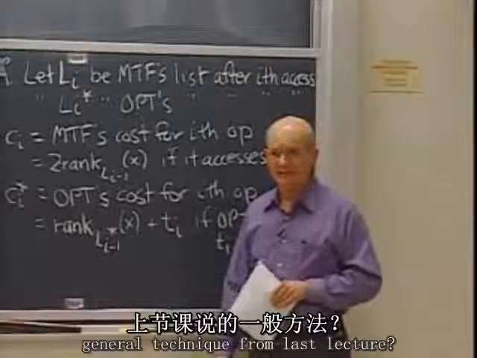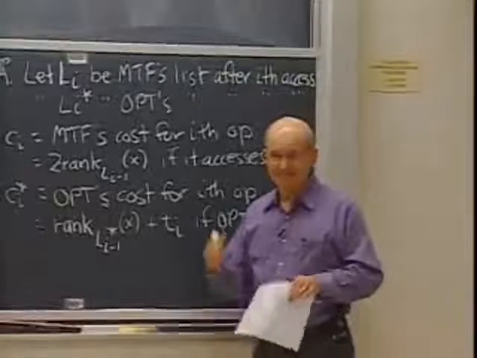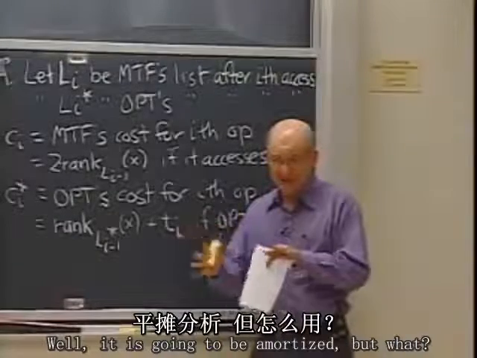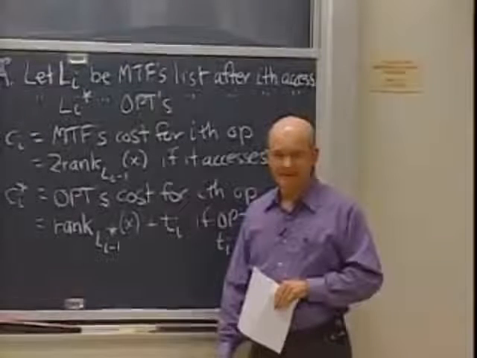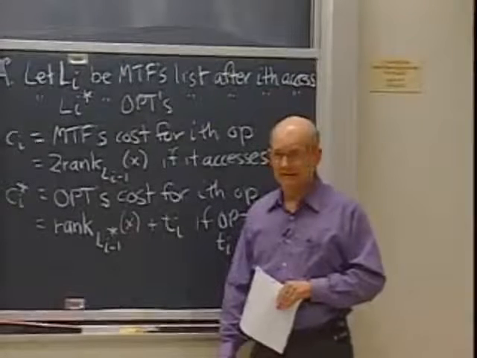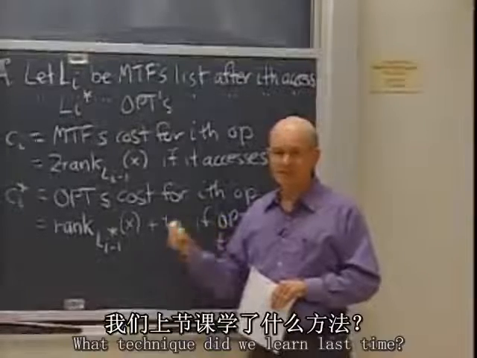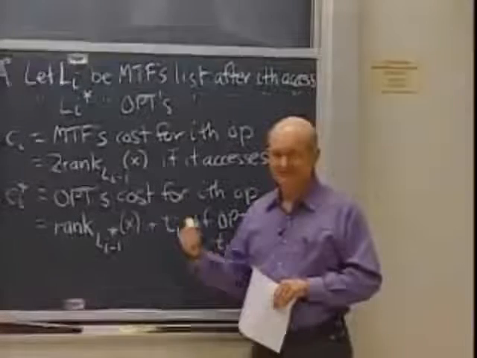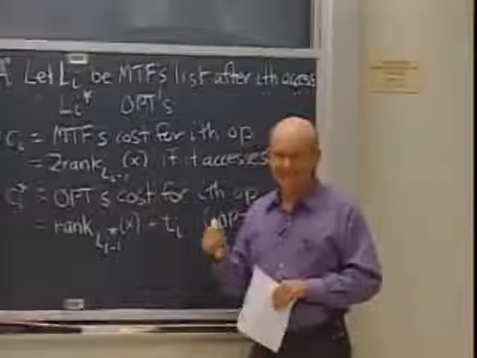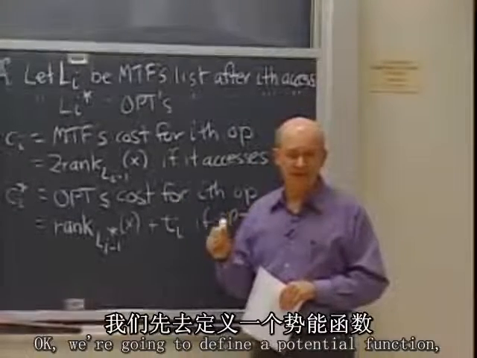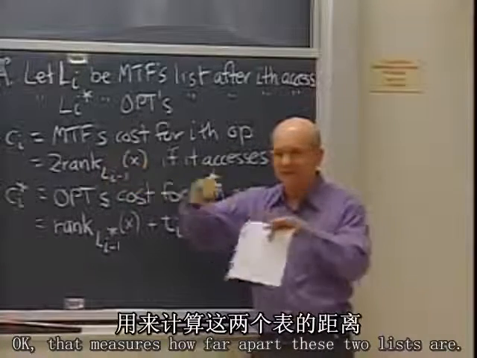General technique from last lecture. Well, it is going to be amortized, but what? How are we going to compare them? What technique did we learn last time for potential function? Good. Okay, we're going to define a potential function, okay, that measures how far apart these 2 lists are.